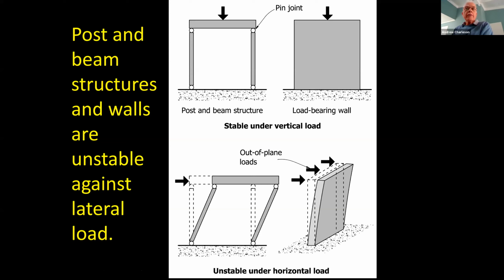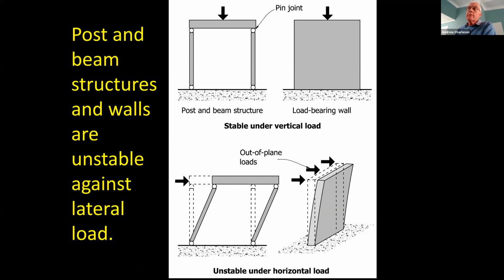Now I'm going to talk about the different structures that you can use to resist earthquake. And I want to begin by making a few words about post and beam structures and structural walls, because those 2 structural systems are very common actually in every country in the world, but they are not good at resisting earthquake.